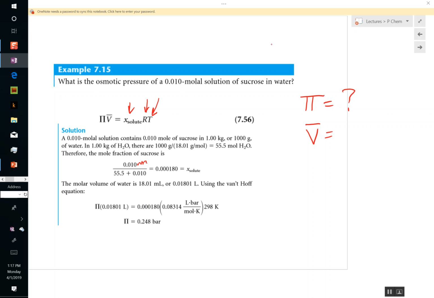Okay. Take a look at the end of chapter 7, and under the problems there, you get into colligative properties. Oh, I don't have this, but here's the picture I was trying to describe.